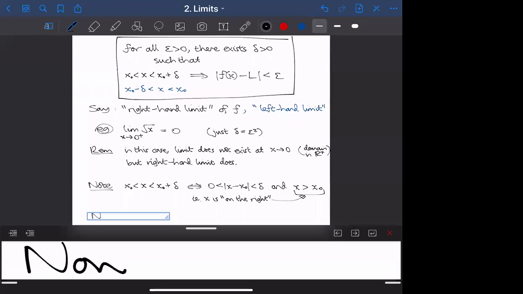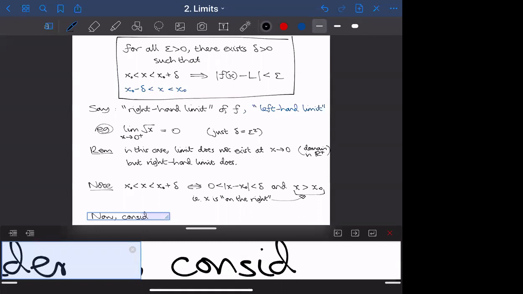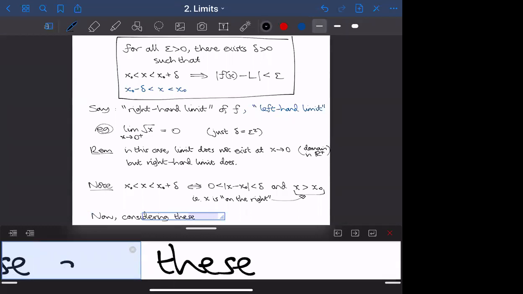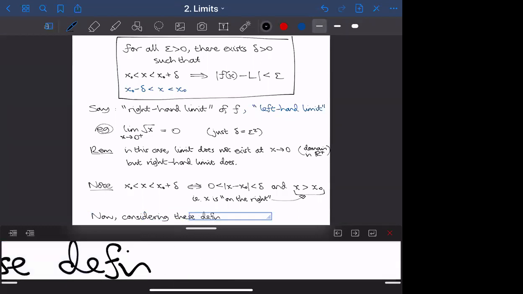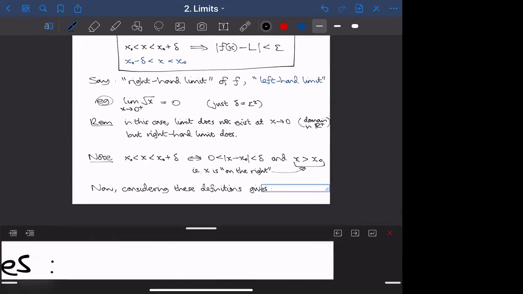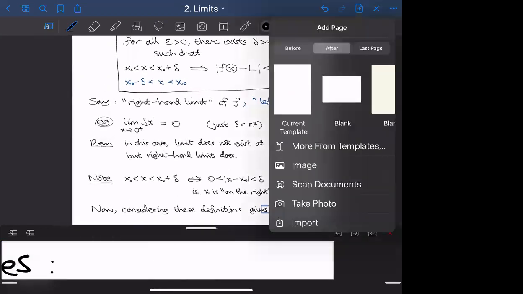Now, just by considering these three definitions, the limit and the left and right limit, we get a theorem.